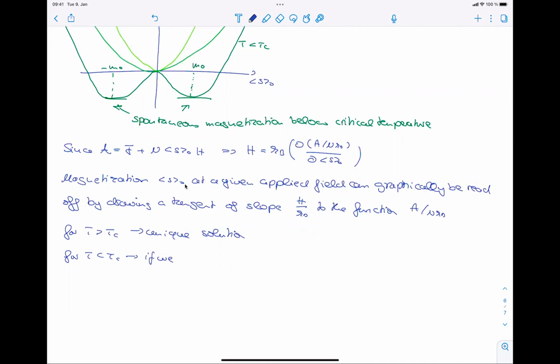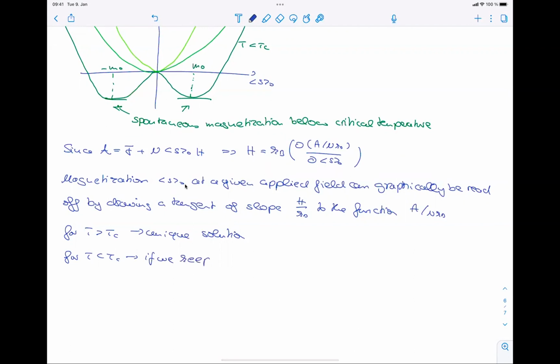But in general, we can find a solution also for any given applied field, and also we'll be able to read off two solutions. We keep lowering h.